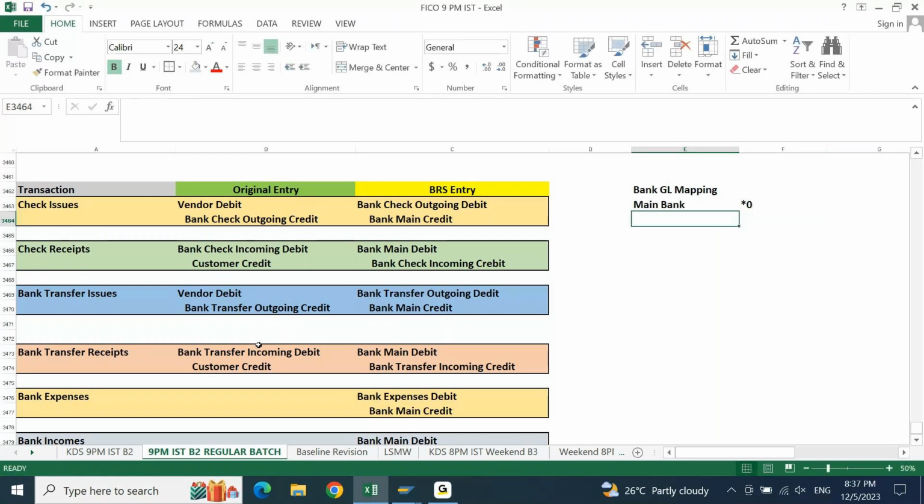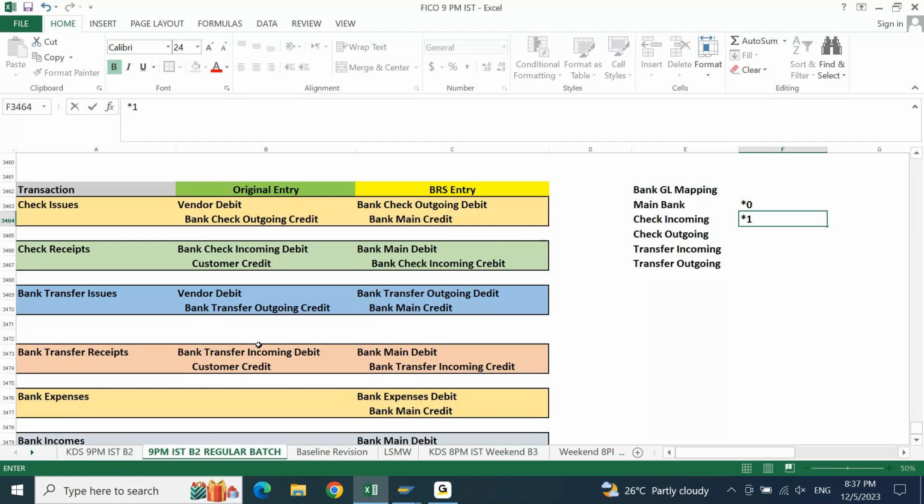Second one, check incoming, check outgoing, transfer incoming, transfer outgoing. So check incoming I'll put 1, check outgoing I'll put 2, transfer incoming I'll put 3, and this one I'll put 4. Okay, this is what I'm going to use. You also make sure you follow the same logic.